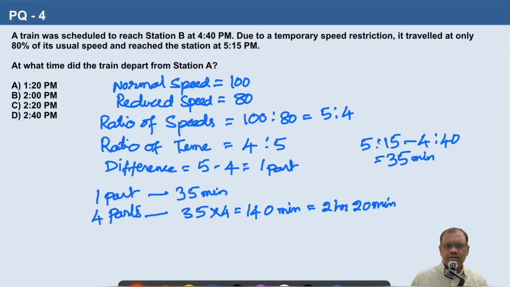So we have found out the time taken with the normal speed.